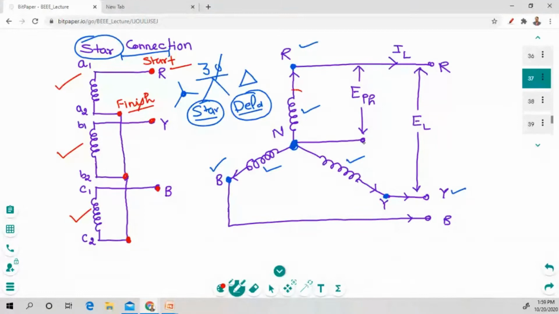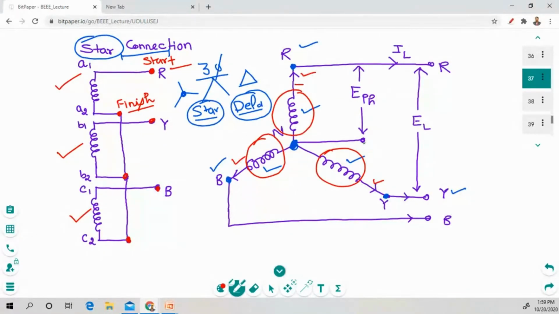Anything generated across these phase windings, there are three phase windings, is called phase voltage and phase current. If this current is generated right here, and this current is generated right here, they are all known as phase current.